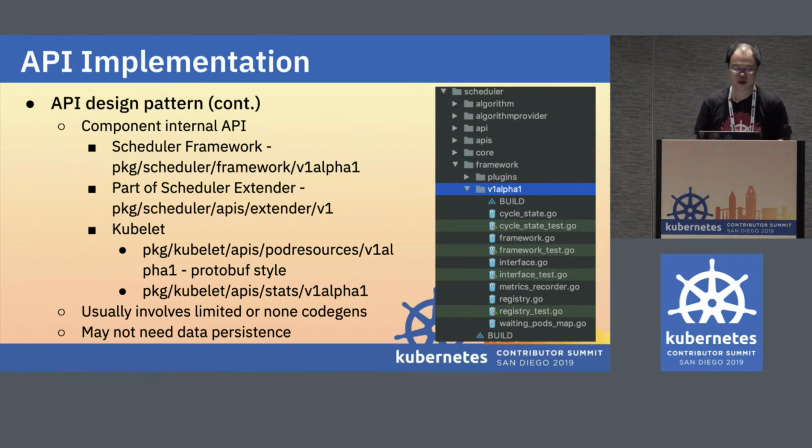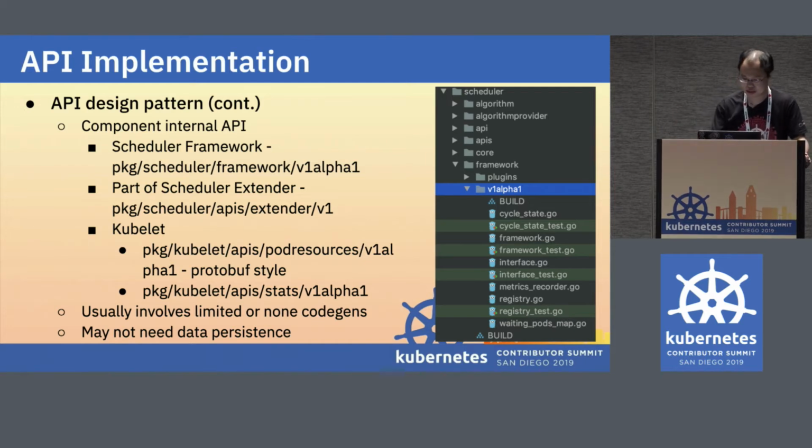Such APIs don't need to be consumed externally, and also don't need to be persisted into etcd or somewhere. They are just plain APIs, I would say. So in this case, just put them into an internal package, and usually it doesn't need a lot of code generation like client-gen and informer-gen, because there's no external user using them. It's just internal usage.